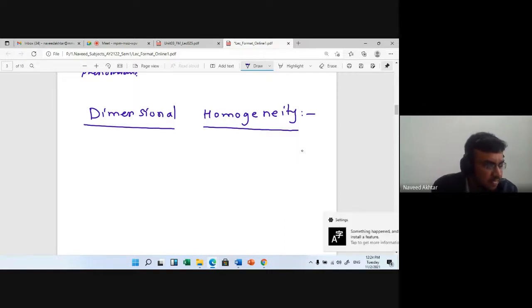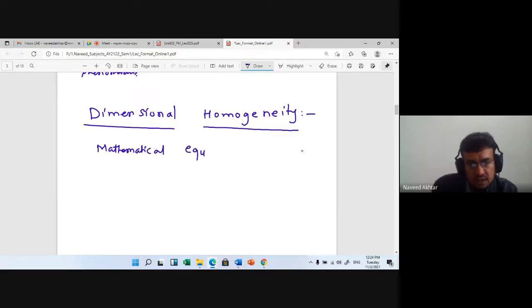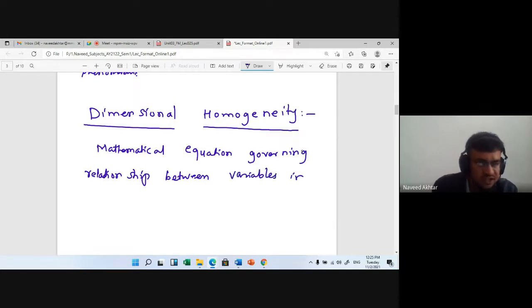Mathematical equation governing relationship between variables in a physical phenomenon, so that it can be seen or observed.